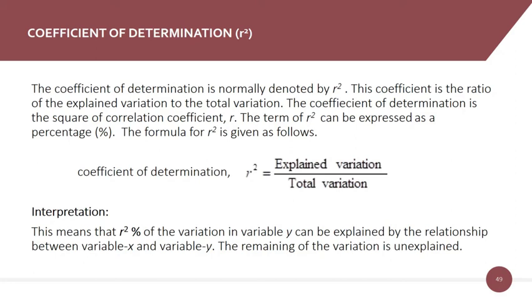How you interpret the R squared coefficient of determination is by using this standard way. R squared percentage of the variation in the variable y can be explained by the relationship between variable x and variable y. So the remaining variation is unexplained.